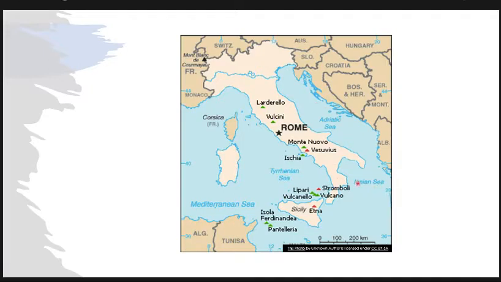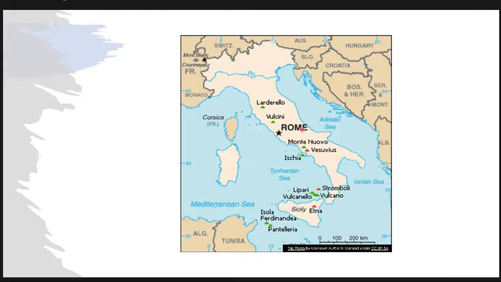The southern coast is the Ionian Sea. And the western coastal sea of Italy is called the Tyrrhenian. So water and travel and trade on the water are all very important to Italy and to Rome itself.